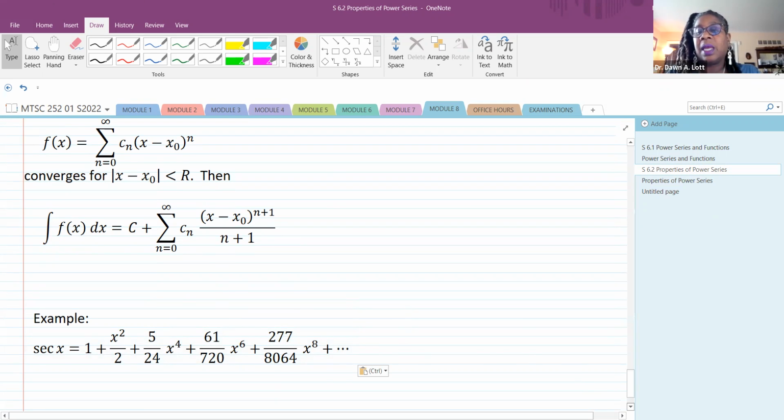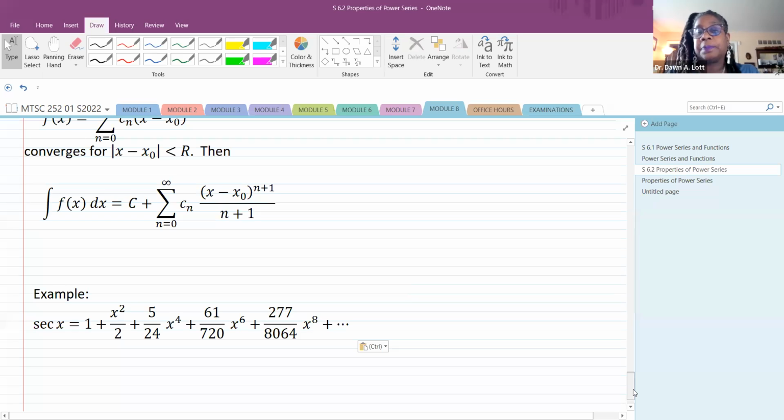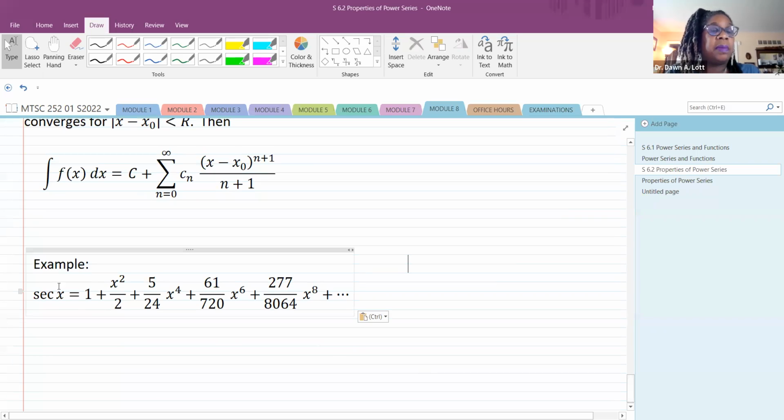It does not have a nice formula. Somebody actually calculated 1 plus x squared over 2 plus 5 over 24 x to the 4th plus 61 over 720 x to the 6th plus 277 over 8,064 x to the 8 plus dot, dot, dot. That is the power series for that.